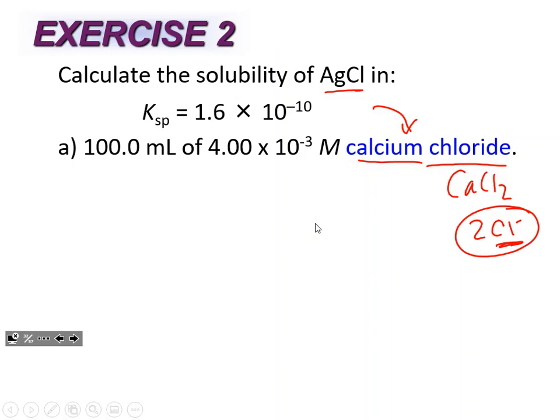But for this type of problem where there is a common ion, you set up the RICE table. You have an initial concentration because you have the common ion in solution. And then remember, after you set up the RICE table, that the common ion concentration is usually way greater than the change is going to be.